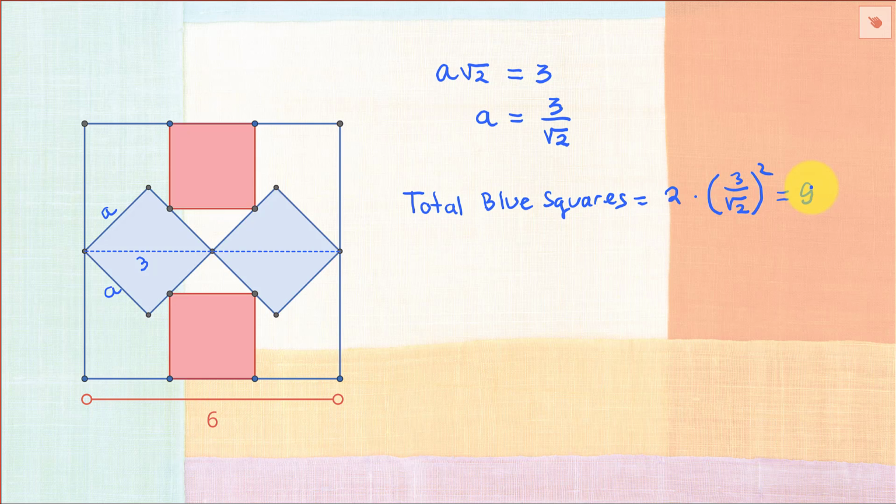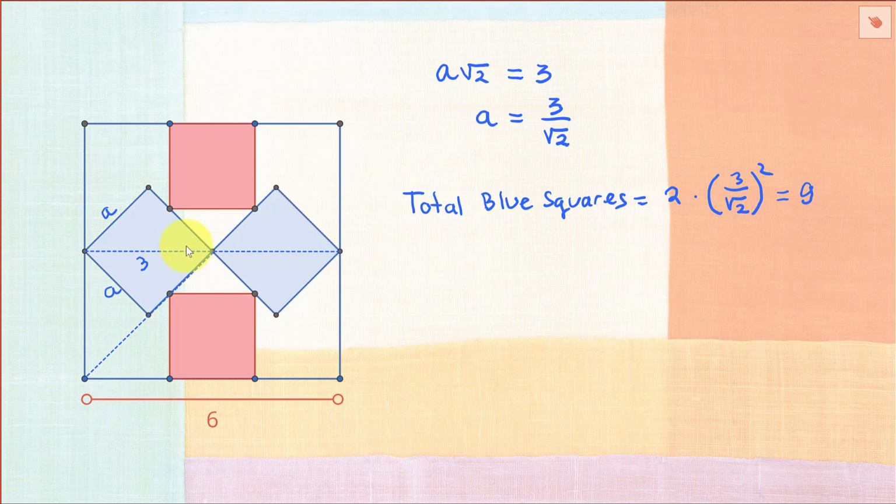Now we need to find the side length of the red square. To do so, let's connect the center of the big square to the left corner of the big square. Now notice that this dashed line divides the blue square into two equal parts.